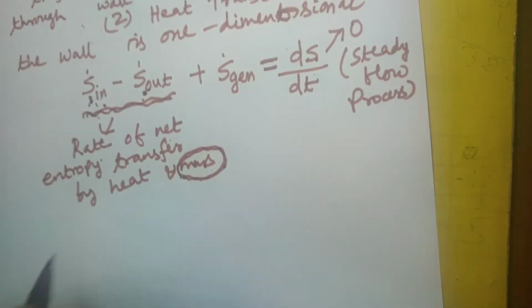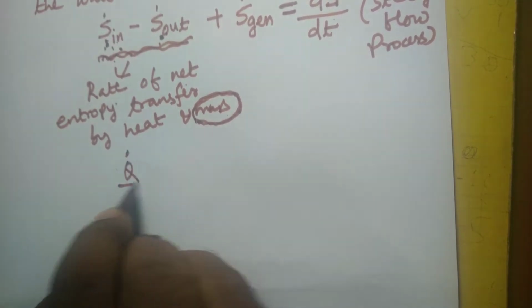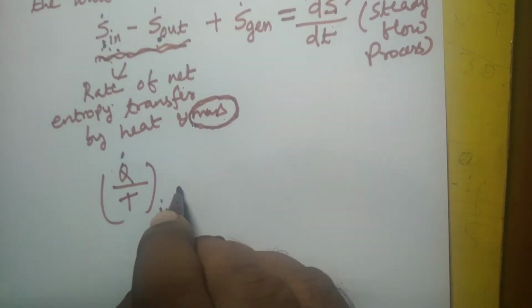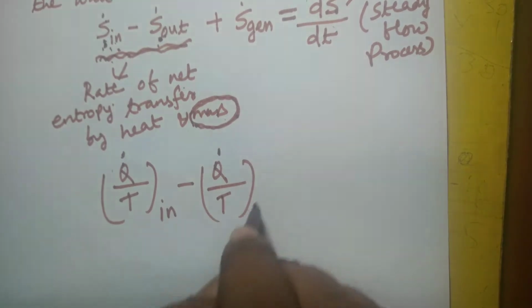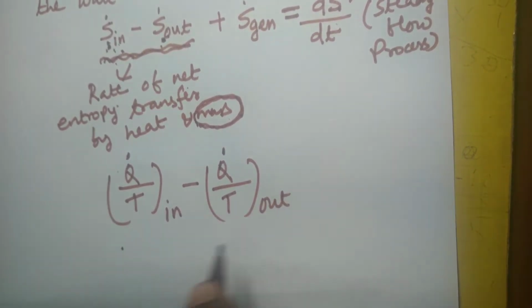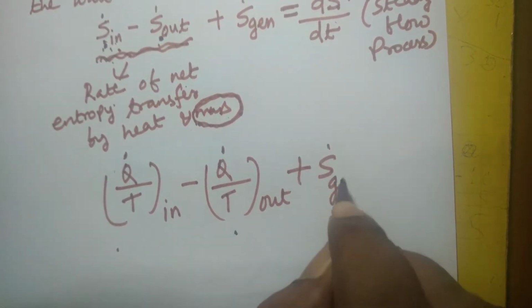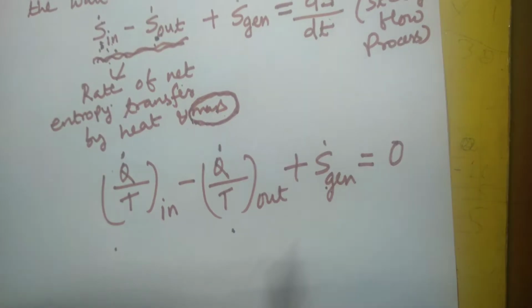So now I can write like this: Q dot by T in minus Q dot by T out. This is S dot in, this is S dot out, plus S dot gen, the rate of entropy generation within the wall. This is 0.